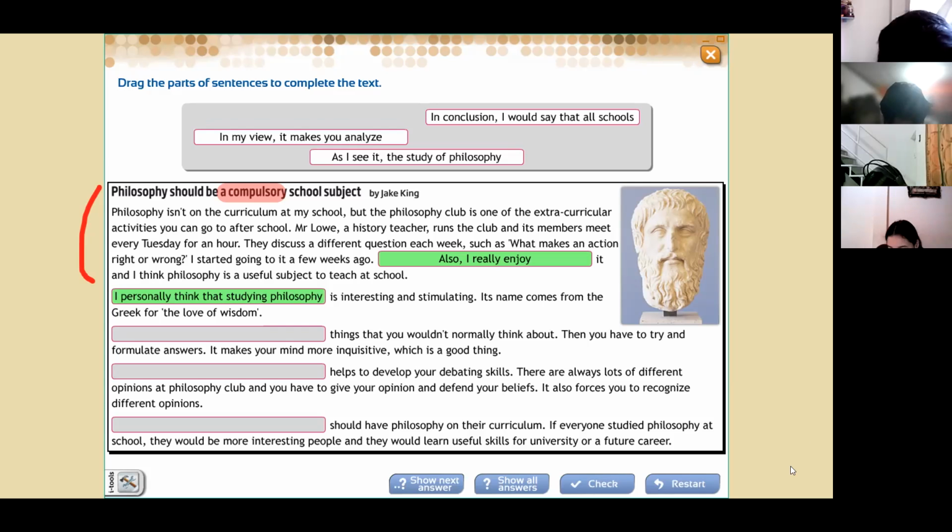Number 3 could be for Mr. Borges. Mr. Borges, number 3. The answer is, etc., things that you wouldn't normally think about. Which are the things that you wouldn't normally think about?